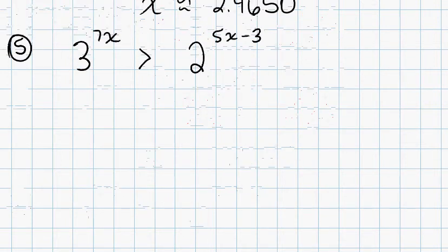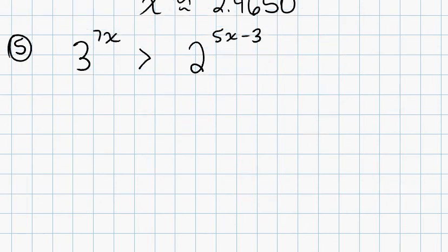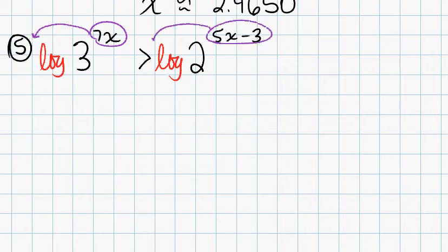So 3's and 2's have nothing in common. We cannot use exponents to solve this, so we're going to have to use logarithms instead. We take the log of both sides. We move both exponents to the front. So the 7x goes in front of its logarithm. The 5x minus 3 goes in front of its logarithm.